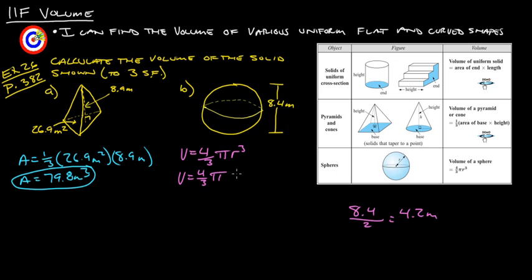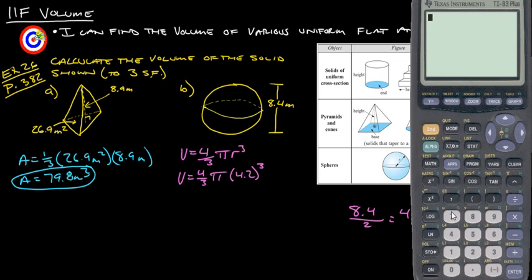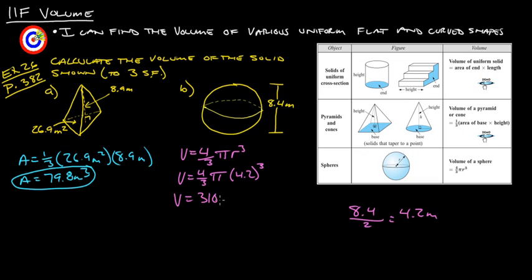So we do 4/3 pi times 4.2 cubed. So 4 divided by 3 times pi times 4.2 to the third power gives us 310.3 meters cubed.